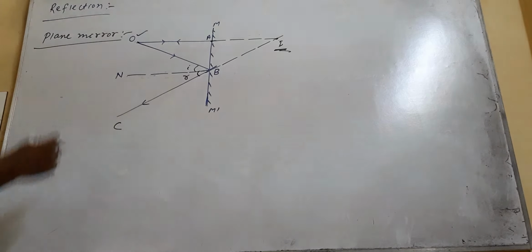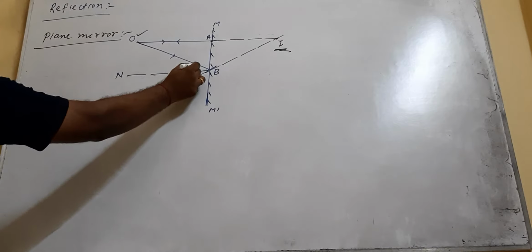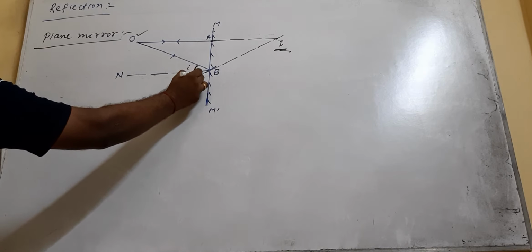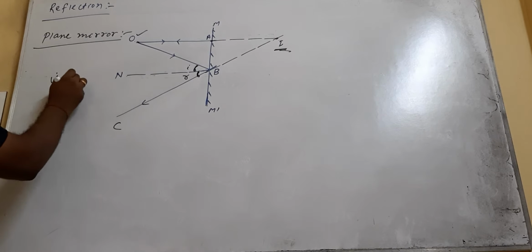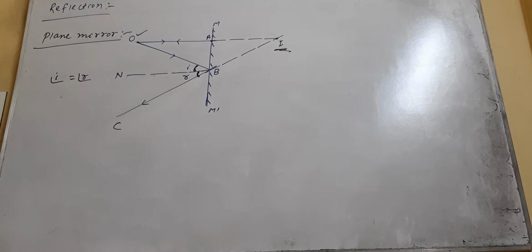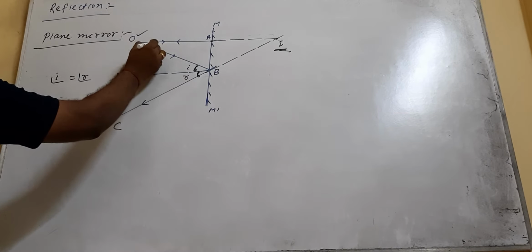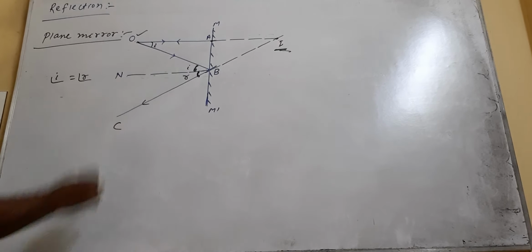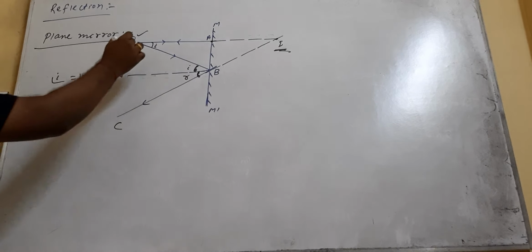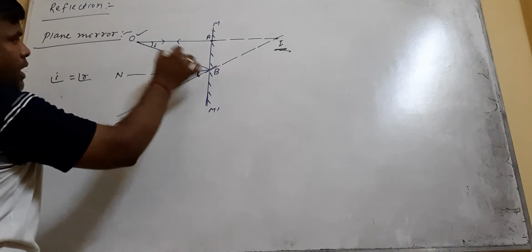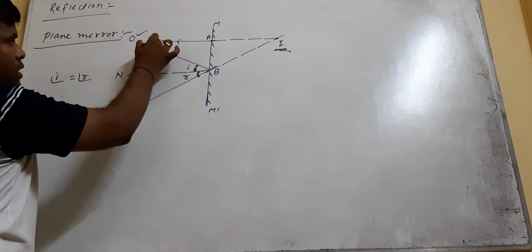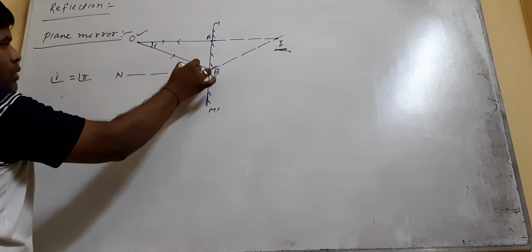Now from the figure, this is the angle of incidence, this is the angle of reflection. I is equal to R. These two angles are equal because they are alternate angles, because these two lines are parallel and this is the intersecting line, so this angle is equal to this angle.